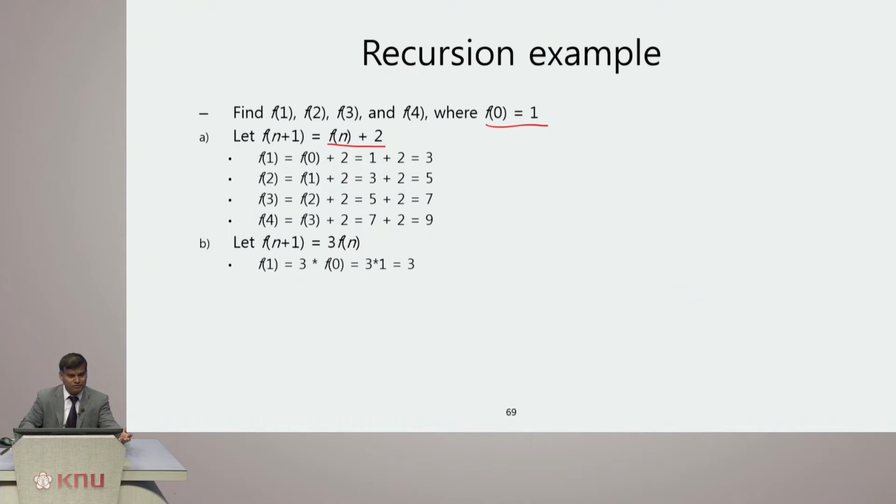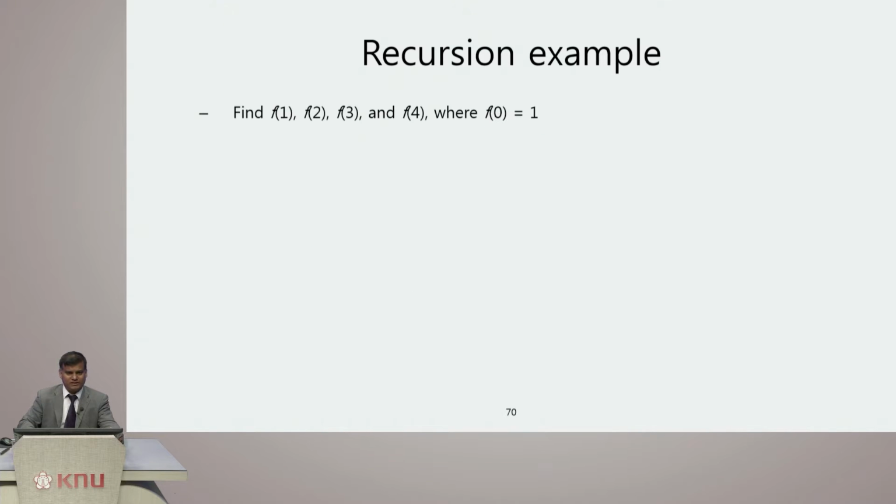And f of 2, yes, you can guess that. f of 2 is 3 times f of 1, that is 3 times 3, that's 9. f of 3 is 3 times f of 2. f of 4 is 3 times f of 3. That's it. We are repeatedly calling the function to itself, and this is a very efficient way by which we can manipulate things.